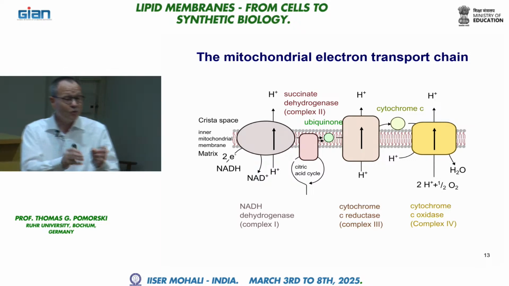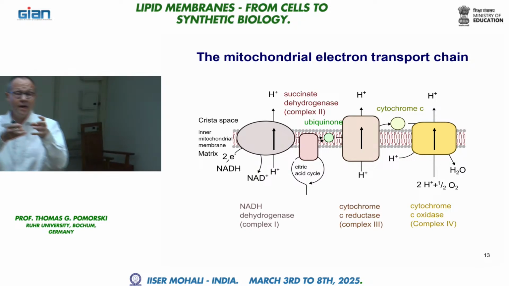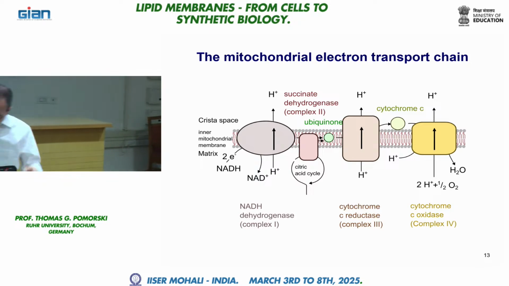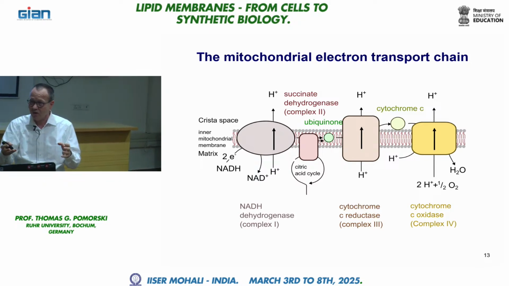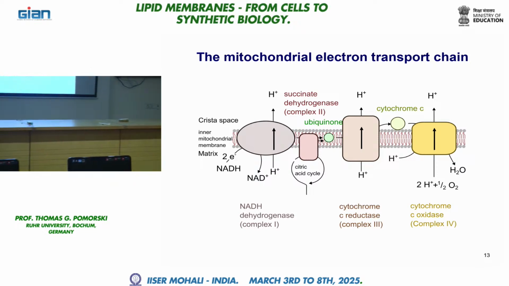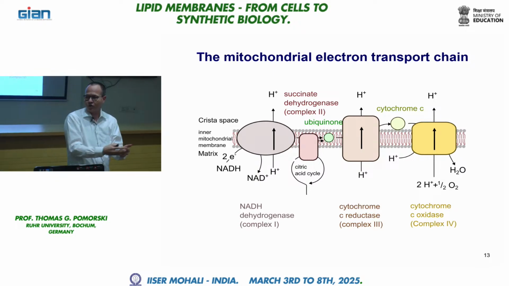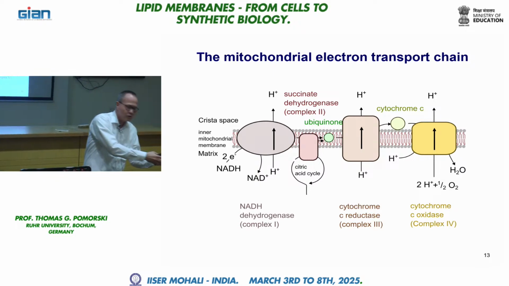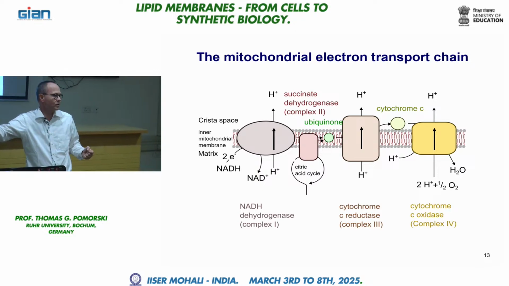Now, this electron is still not completely energyless. It can go to the next proton pump, which also triggers a movement and pumps protons. It still has not lost all of its energy. It still has enough energy to even drive another pump. So you use the energy of 2 electrons very efficiently by allowing these electrons to pass 3 complexes that all pump protons.